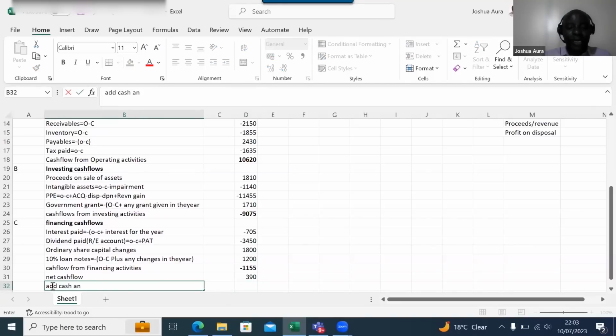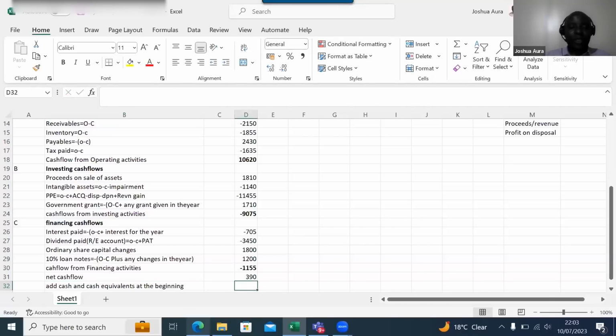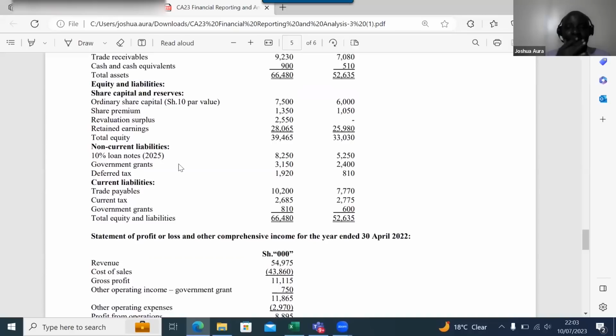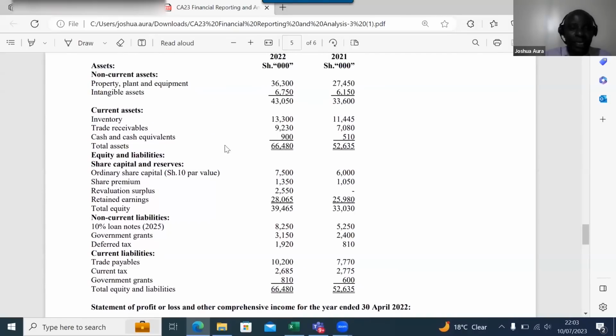And then you will come and now add cash and cash equivalents at the beginning. Do we have any really? Let's check here. Cash and cash equivalents at the beginning. We have here 510.